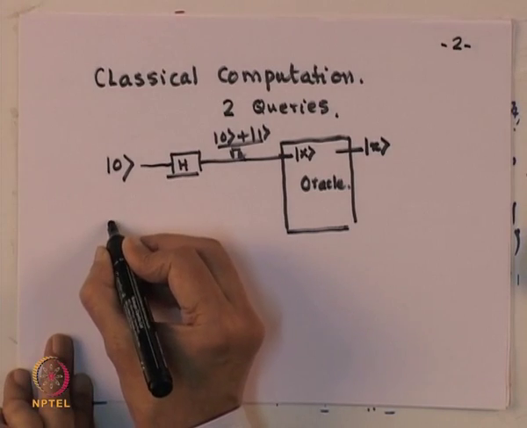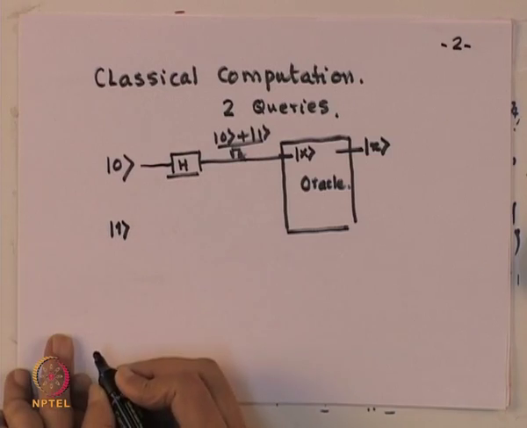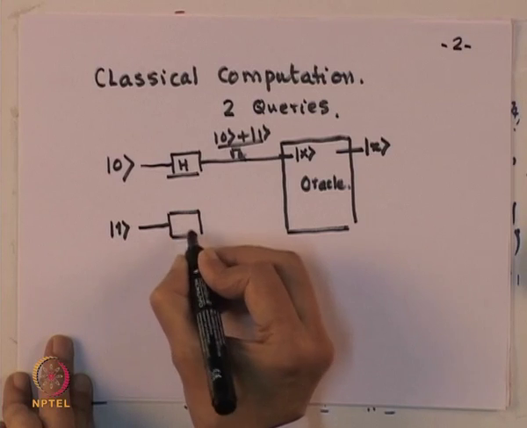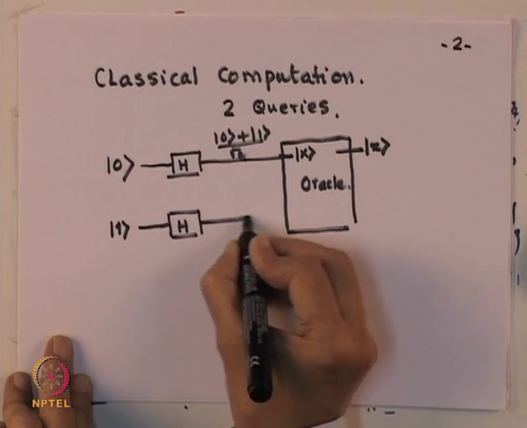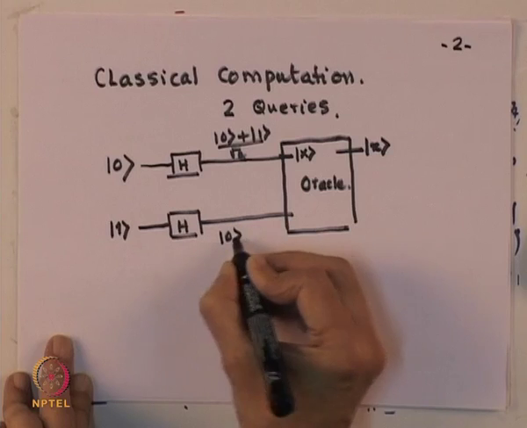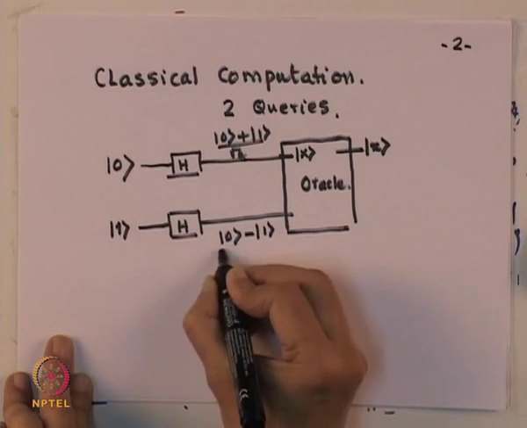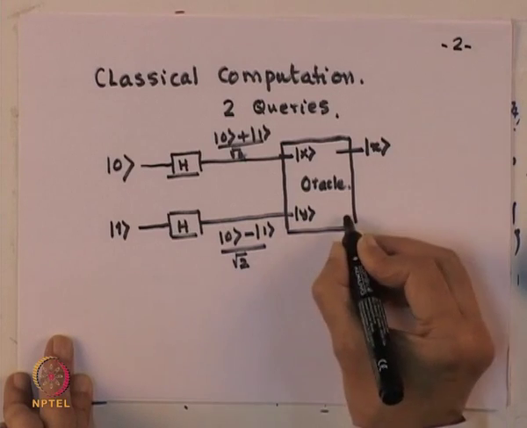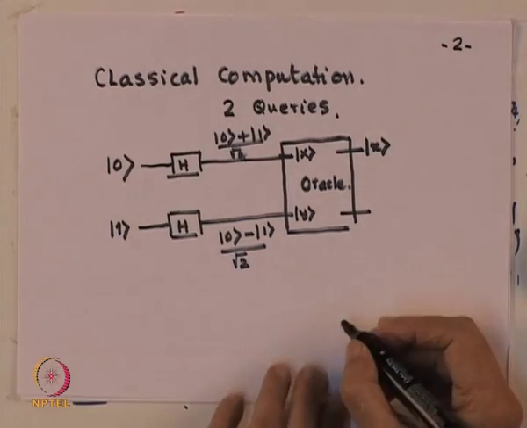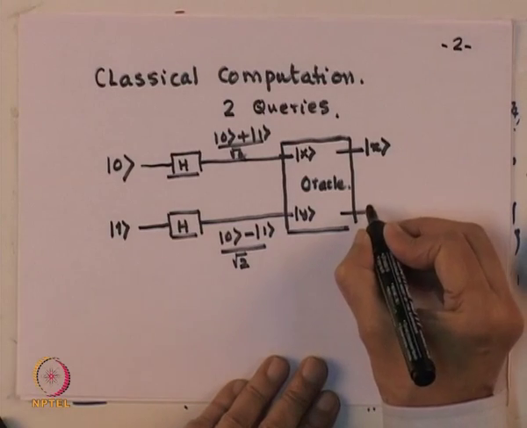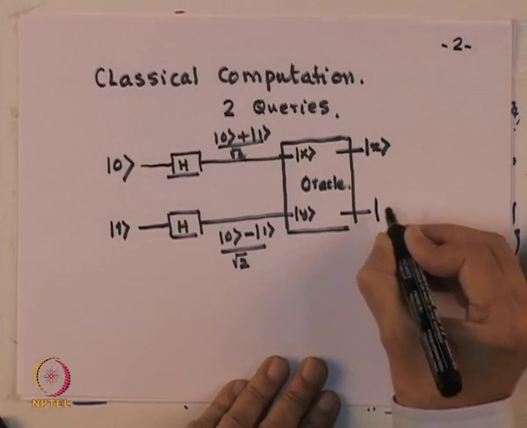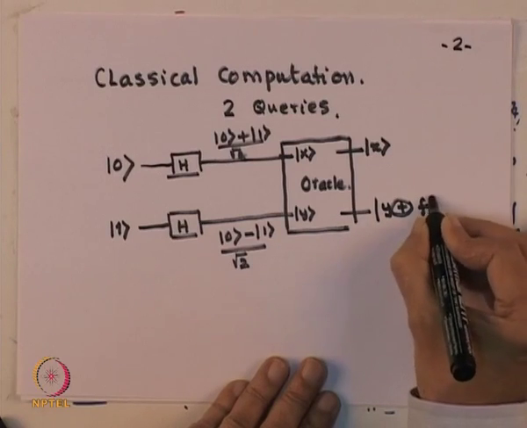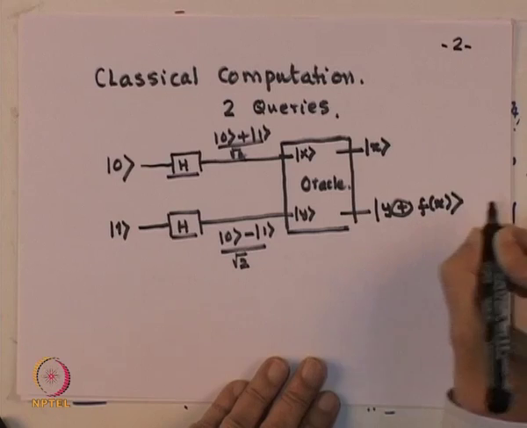Now the target bit, I start with 1, pass it through a Hadamard gate again, and we had seen earlier that this becomes (0 minus 1)/root 2. This is what we have been calling Y, and the result that you get here in the target register is the addition modulo 2 of Y with f(x), which the oracle calculates.